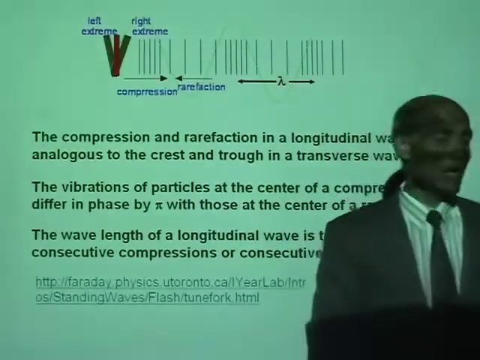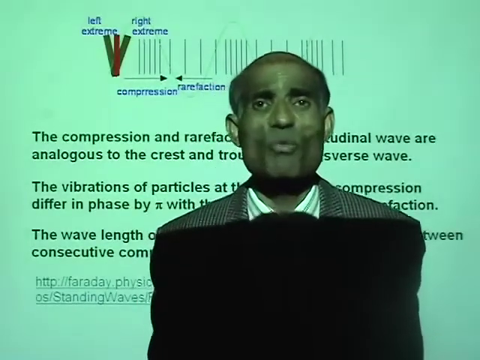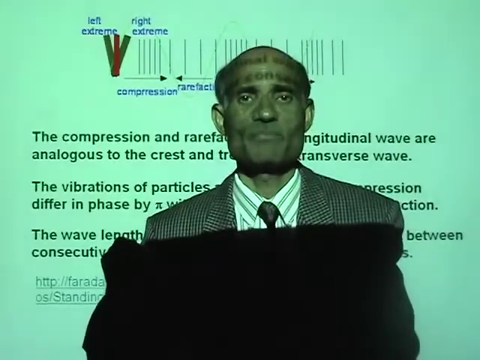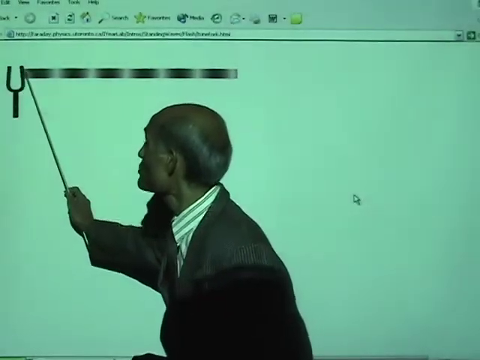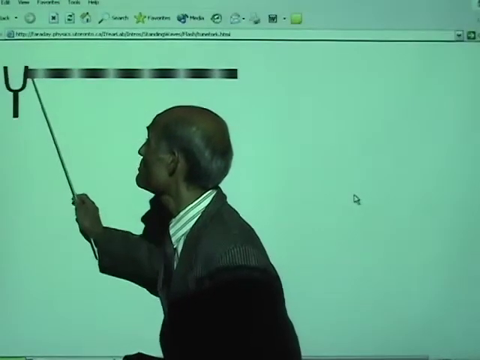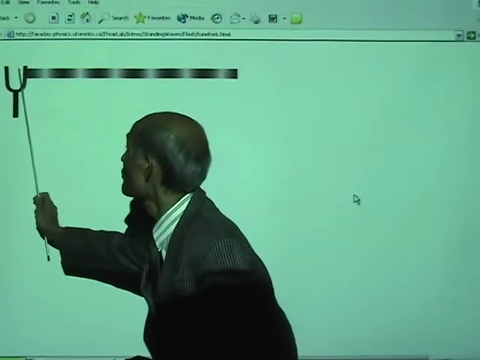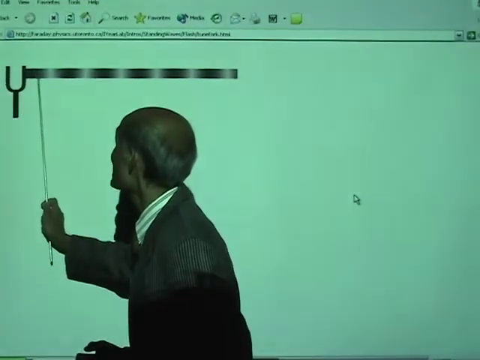All right. Now, let me see if I can show you a longitudinal wave setting a particle into vibration. What you see here are the vibrations of a tuning fork, and you can see as the tuning fork vibrates to the right, it creates a compression.